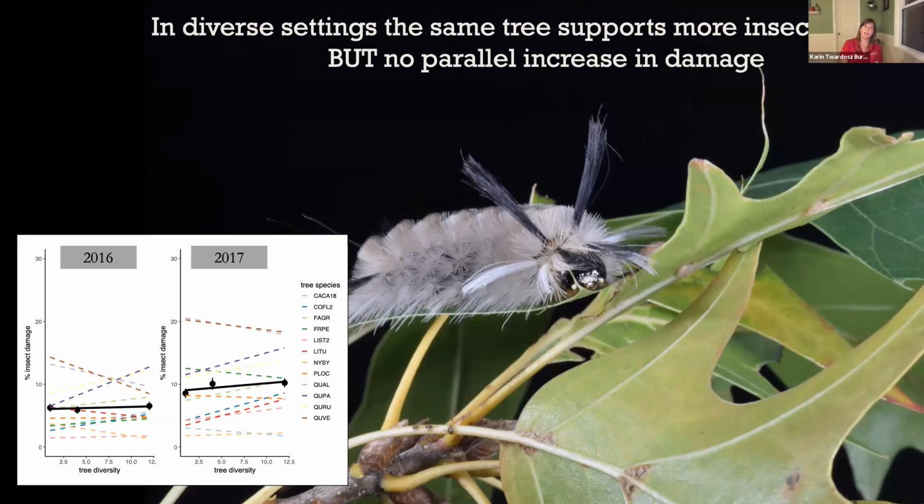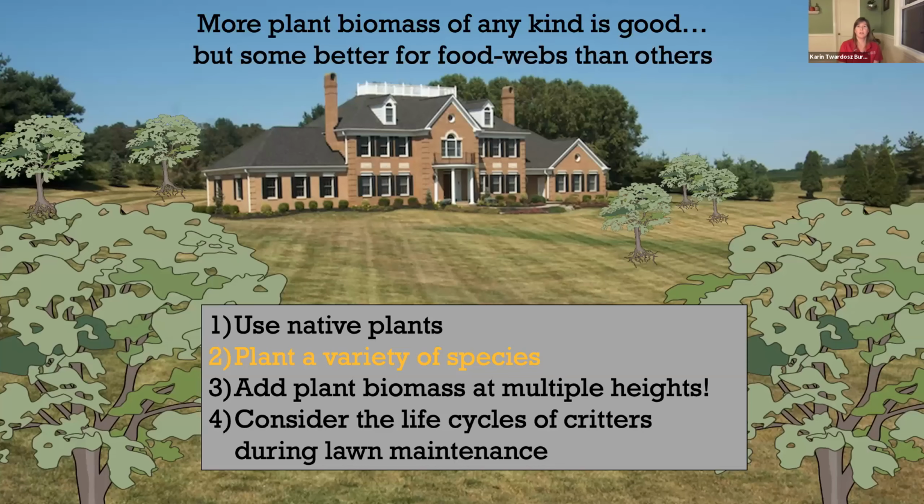There's a variety of different reasons this might be the case, and we're doing some follow-up experiments looking at parasitoids and leaf chemistry and some other possible explanations for this. So the second thing I suggest is to plant a variety of species where you can in your yard. That's going to support more species in general.